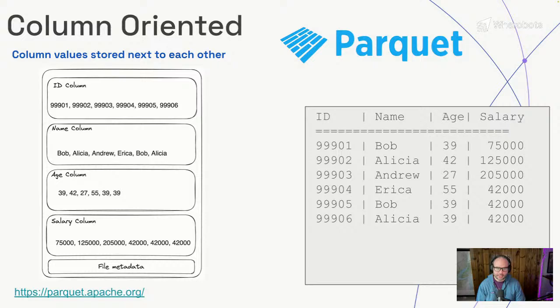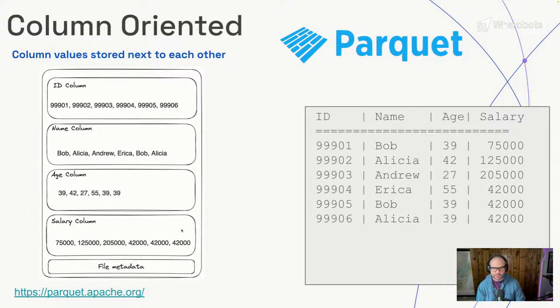So let's look at an example here. So imagine we have some data, maybe these are our users or employees, and we have something like an ID column, a name, age, and maybe a salary for each user or employee. And this is a simplification on the left here of how this data might look in Parquet. But basically, we're storing column values next to each other, and then we have some metadata about the file.